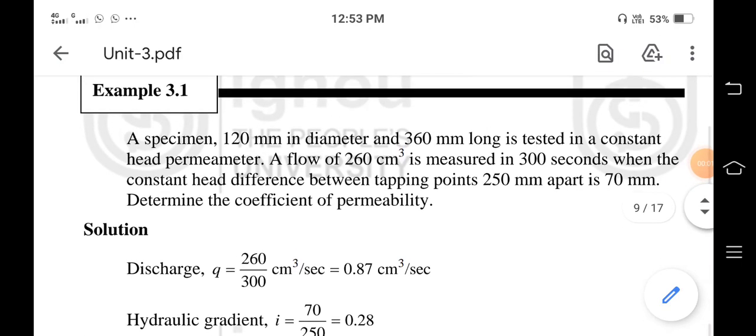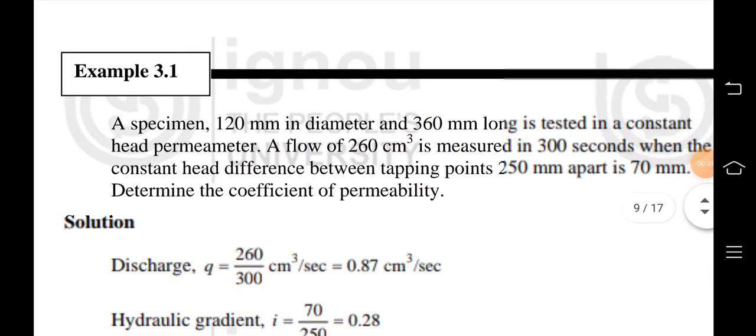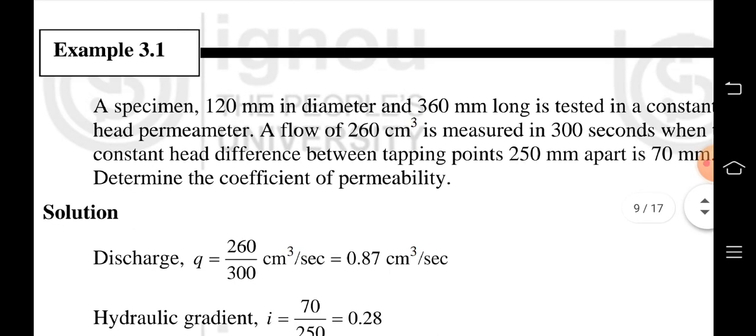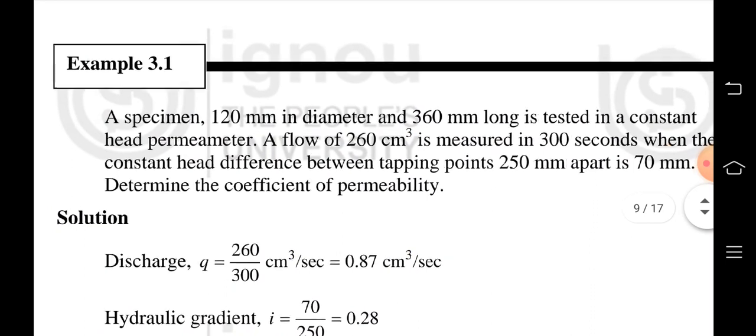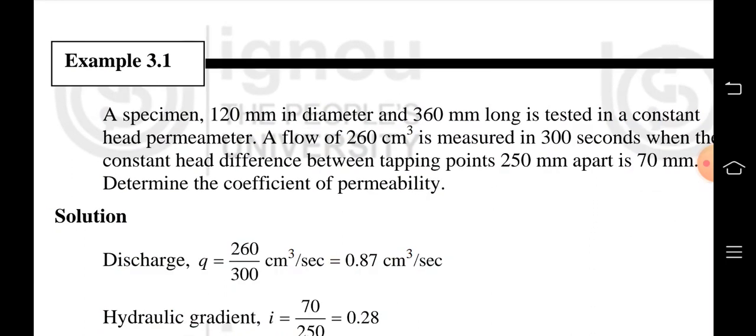Okay, so now we are discussing solving problems on the constant head test and falling head test. This is problem number one. A specimen 120 mm in diameter and 360 mm long is tested in a constant head permeameter.